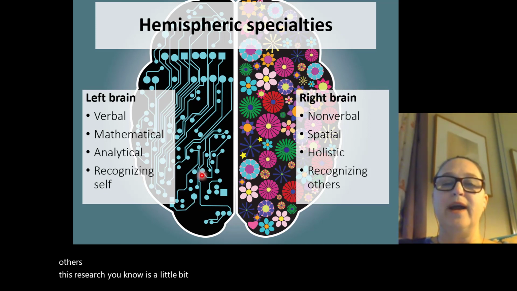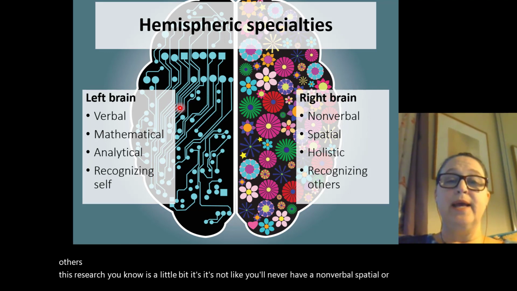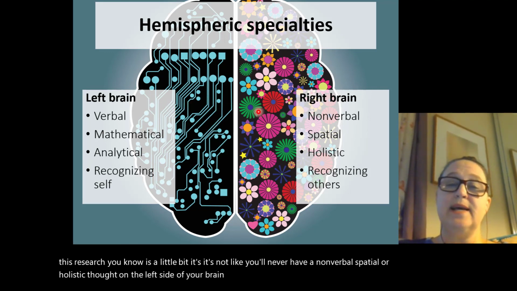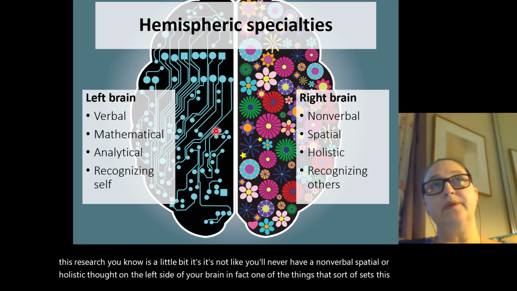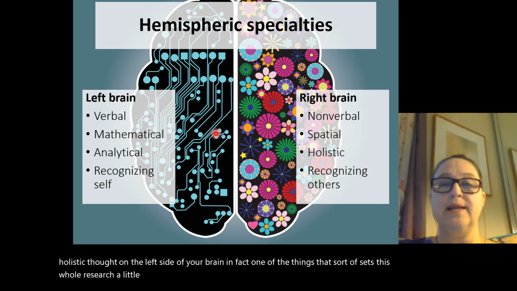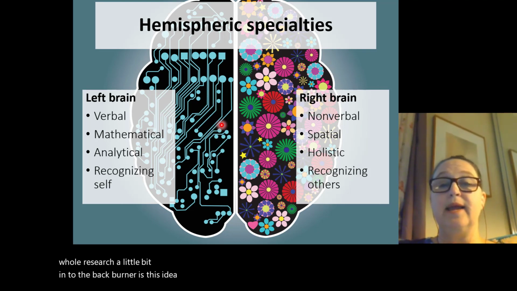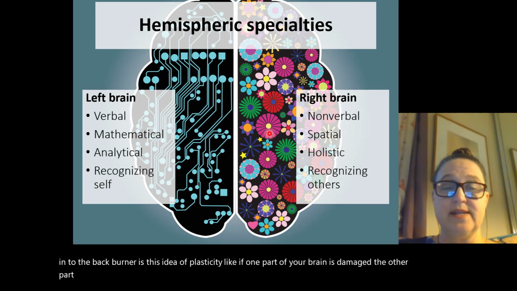It's not like you'll never have a nonverbal, spatial, or holistic thought on the left side of your brain. In fact, one of the things that sets this whole research a little bit on the back burner is this idea of plasticity. If one part of your brain is damaged, the other part will make up for its deficits.